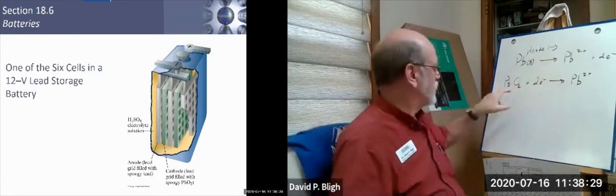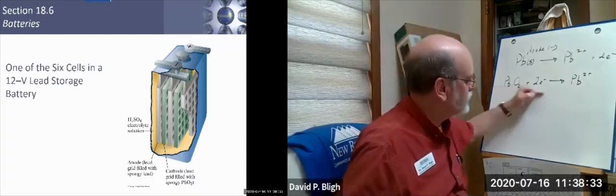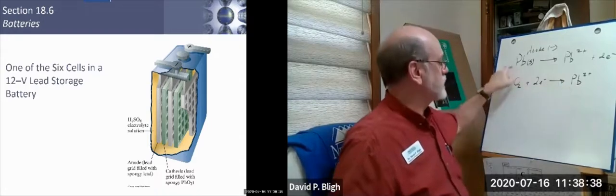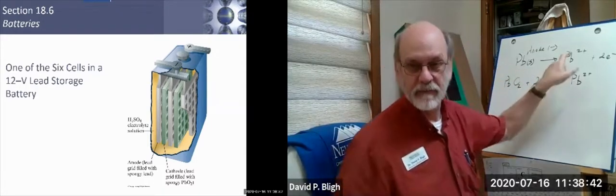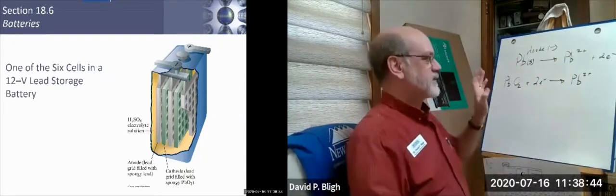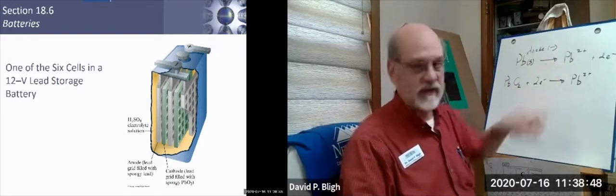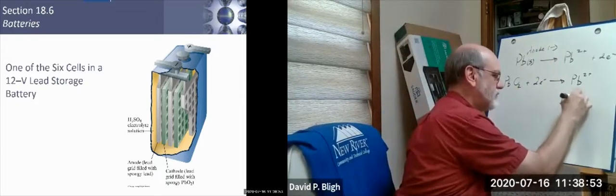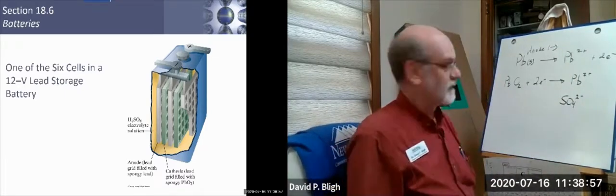So when this one is reduced, it produces that ion in solution. And when this one is oxidized, it produces that ion in solution. Okay? So what's the counter ion, the counter anion for each of these? The sulfate. Right?